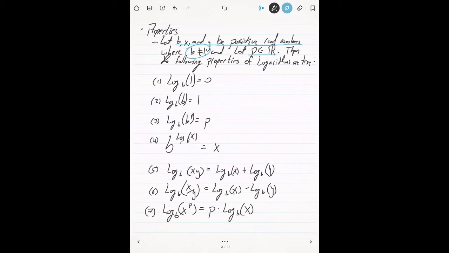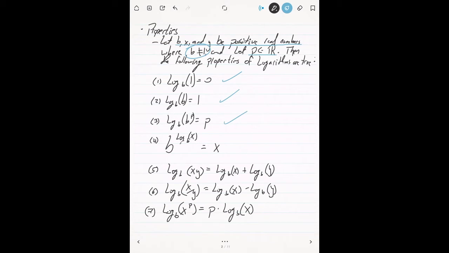Then you have these 7 properties. The first one says, if you're taking the log base b of 1, it's 0. If you have log base b of b, it's a 1. If you have log base b and your argument is b to the p power, you just end up with the exponent p.